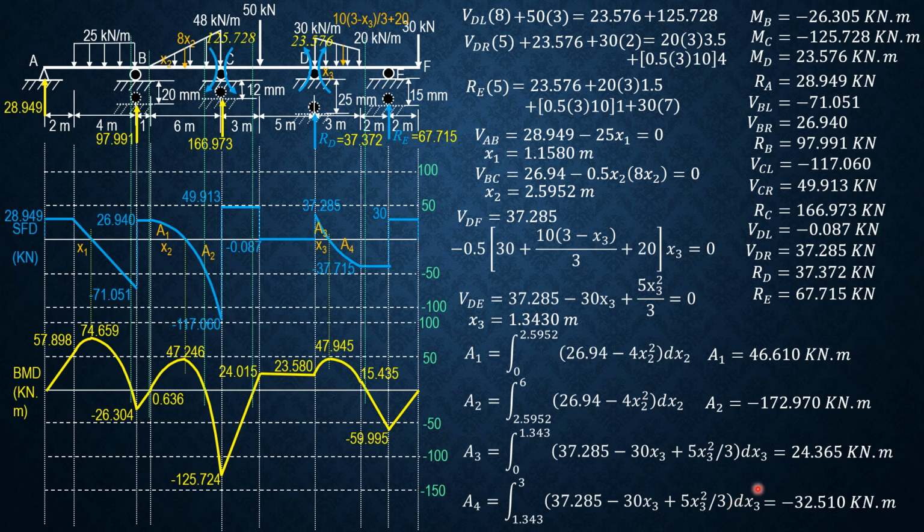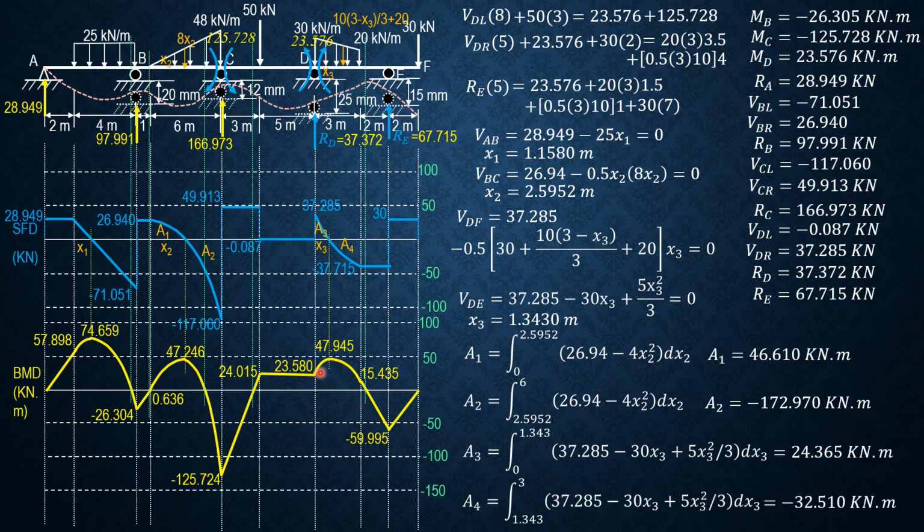So it is equal to 24.365 kilonewton meter. Then area 4, integral from 1.343 to 3 of the same value, 37.285 minus 30x3 plus 5x3 square over 3 dx3, and it is equal to negative 32.510 kilonewton meter.